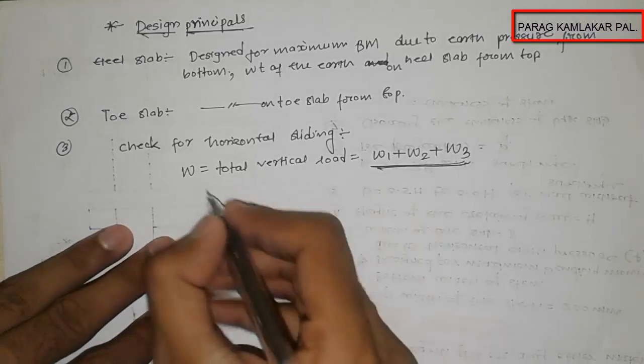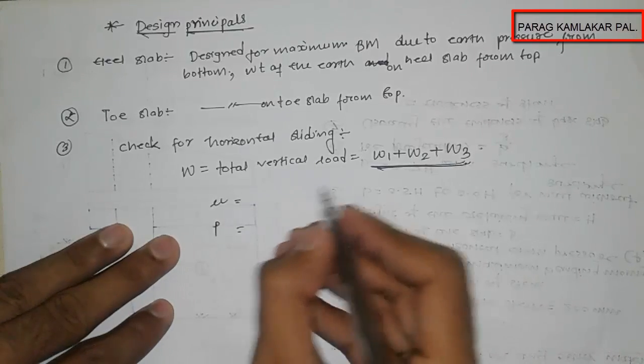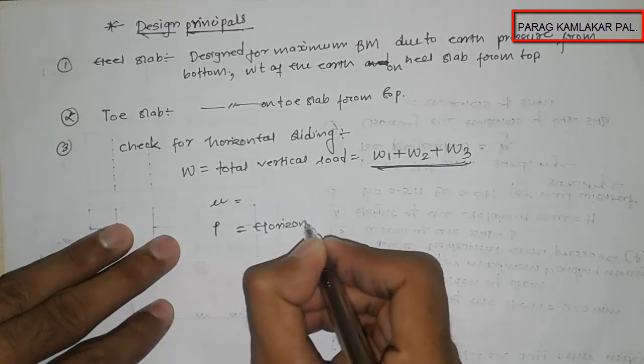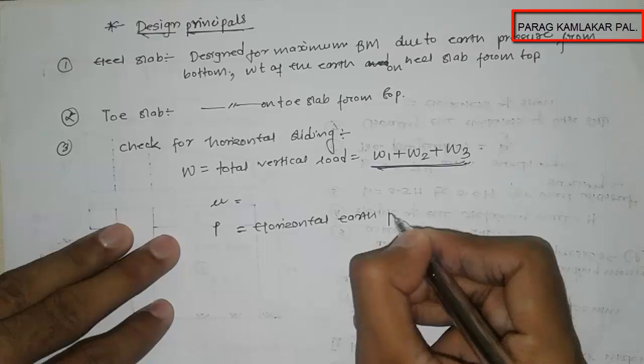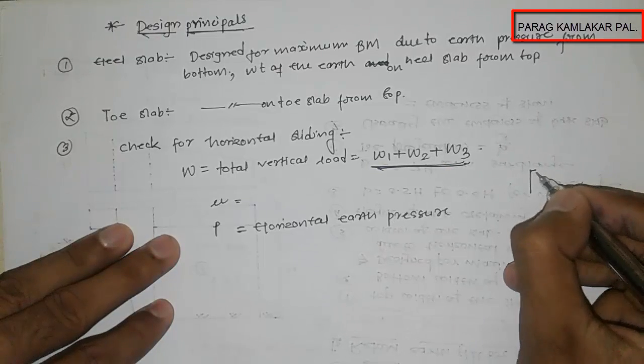Now what is the mu and what is the P? As I told you, P is nothing but the horizontal earth pressure, which is like this is your retaining wall.